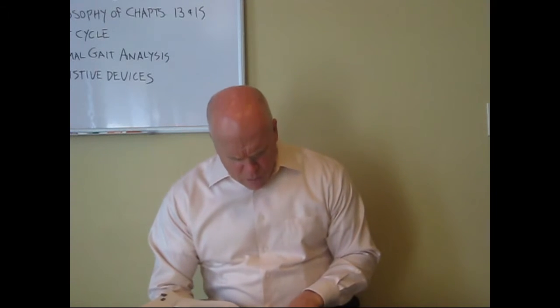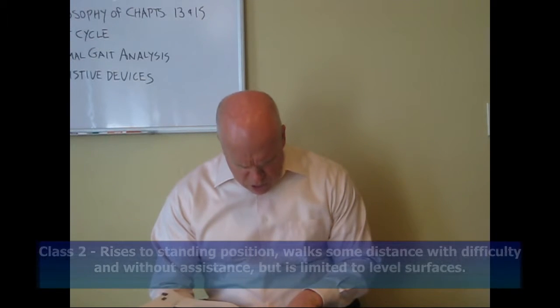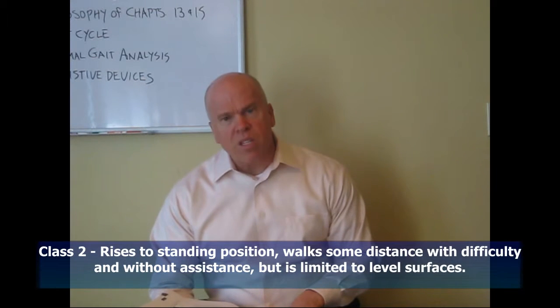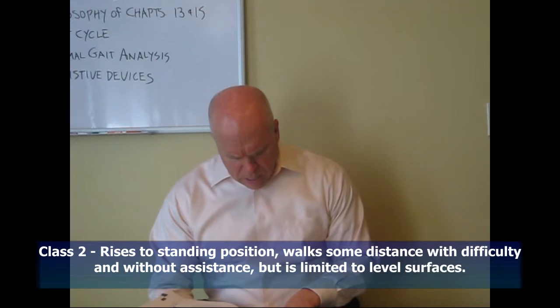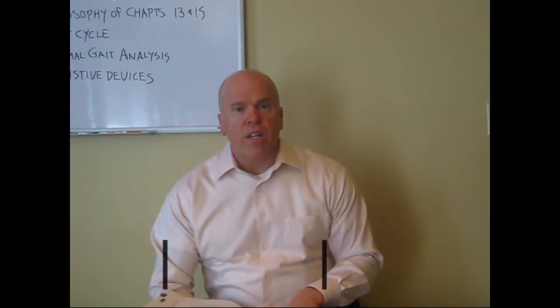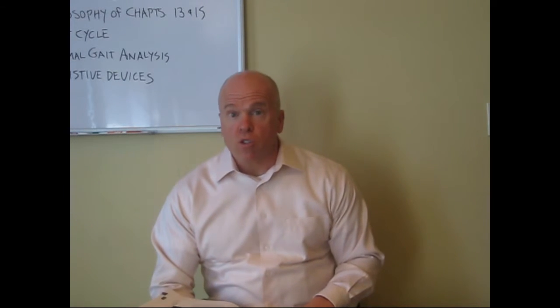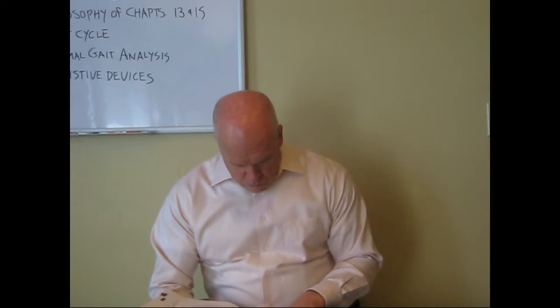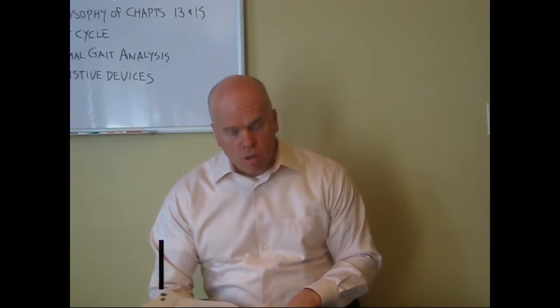Okay, a class 2 impairment is a person who rises to a standing position. They walk some distance with difficulty and without assistance, but they're limited to level surfaces. They rise to a standing position. They walk some distance with difficulty.